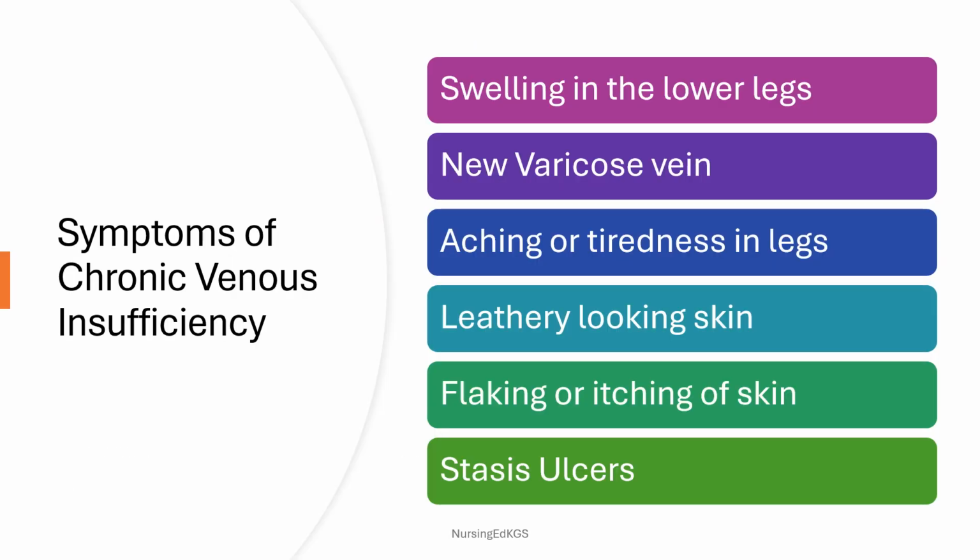Some symptoms of chronic venous insufficiency include swelling in the lower legs, new varicose veins, aching or tiredness in the legs, leathery looking skin, flaking or itching of the skin, and also stasis ulcers.